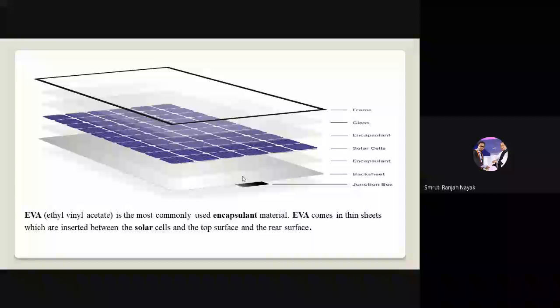EVA comes in thin sheets which are inserted between the solar cell and the top surface and the rear surface. To protect the solar cell, we should use encapsulant, and that is known as the EVA, ethyl vinyl acetate. As a result, when your panel drops down, it will not hurt anything else.